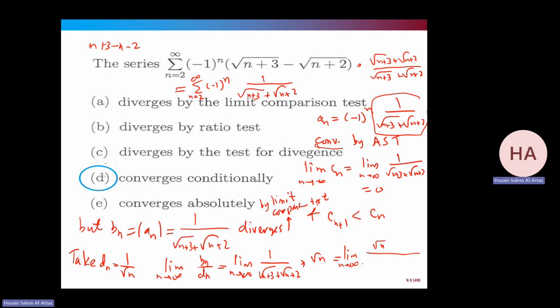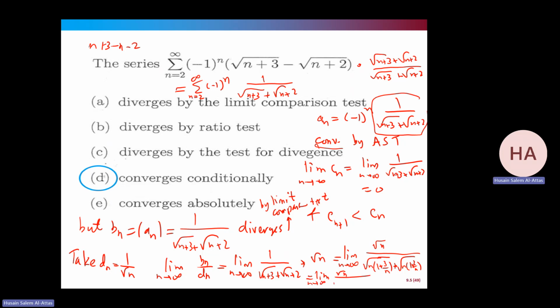This one, take a square root of n. Then you have 1 plus 3 over n. And this one, do the same. So you have what? That will be limit n goes to infinity, square root of n.